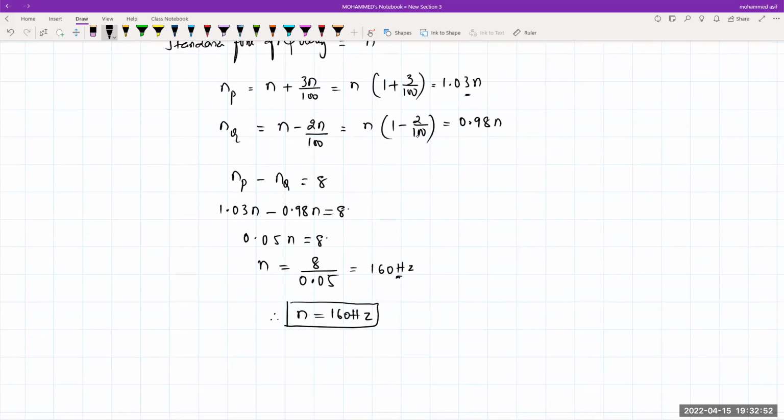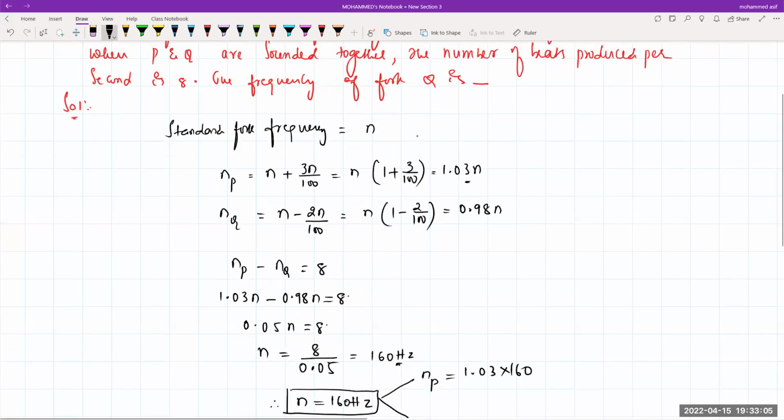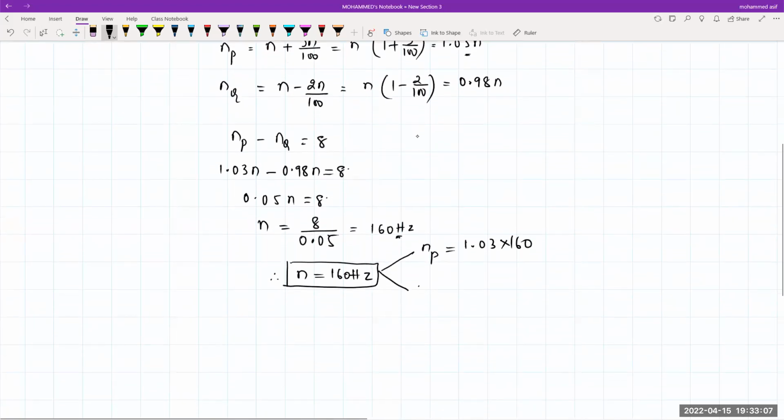Once I know the standard frequency, I can calculate the frequency of P and Q. That is 1.03 into 160 for P. Now what is asked is the tuning fork Q. So N of Q is 0.98 into 160, which is somewhere around 156.8 hertz. Clear?